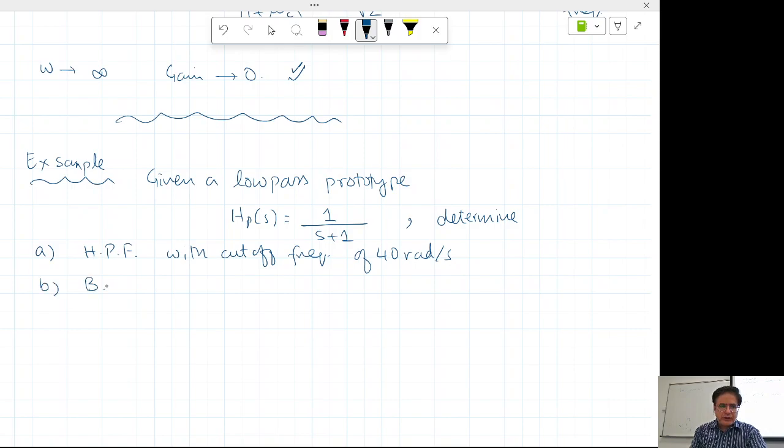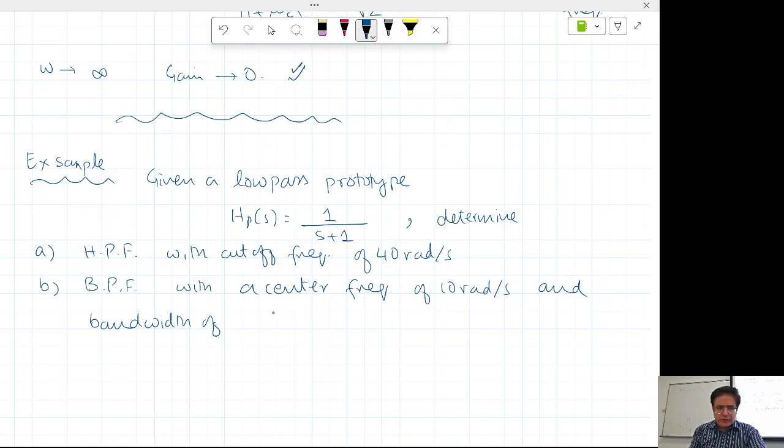B, a band pass filter with a center frequency of 10 radians per second and bandwidth of 20 radians per second.